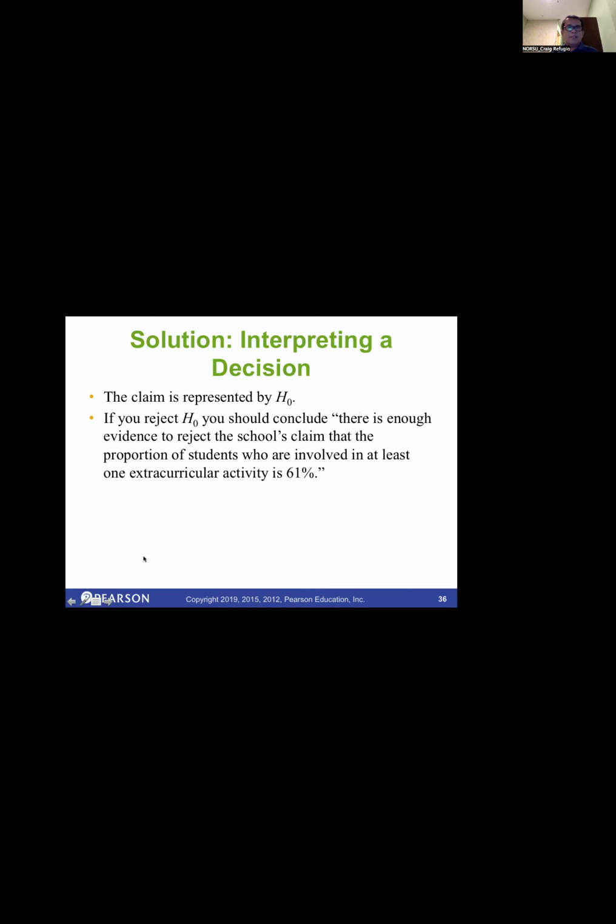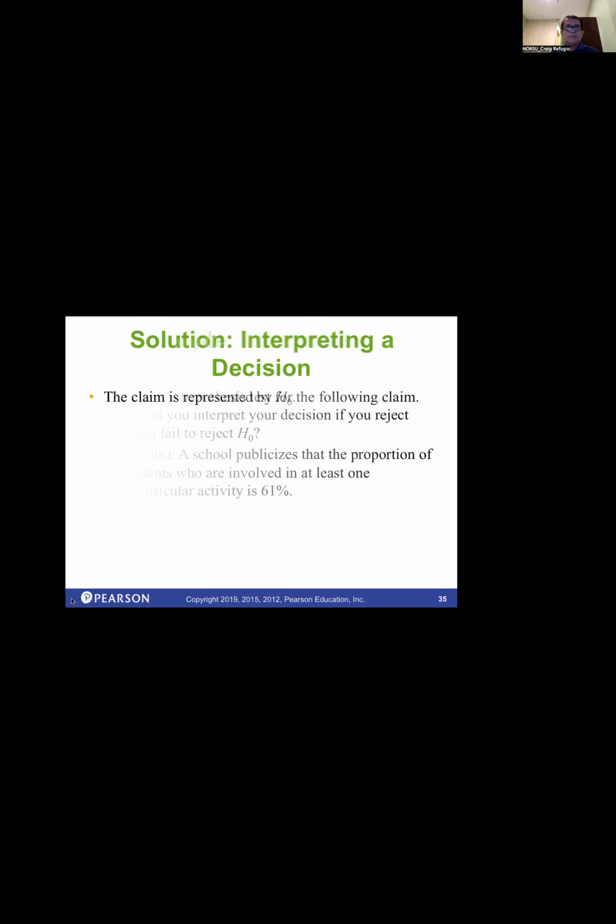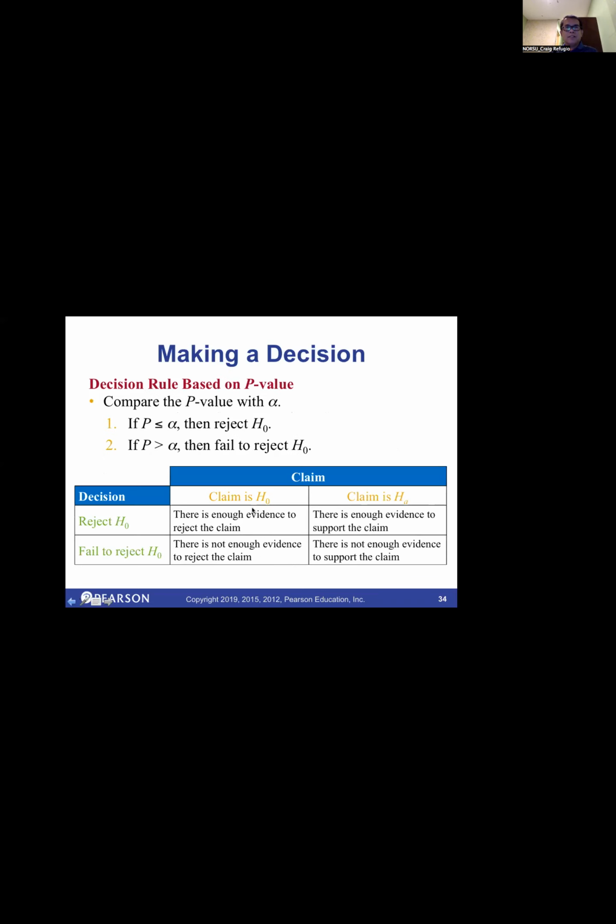So why? Because if we go back to the template, reject H0, the claim is H0. This is our verbal interpretation. If you reject H0, the claim is HA, you're going to say there is enough evidence to support the claim.